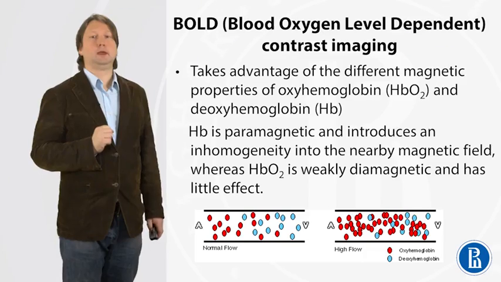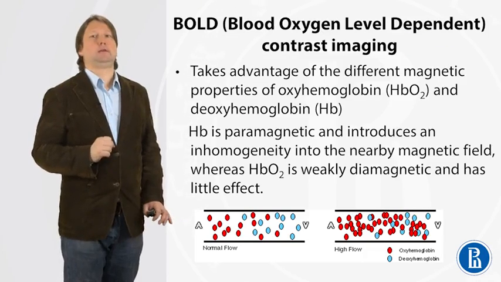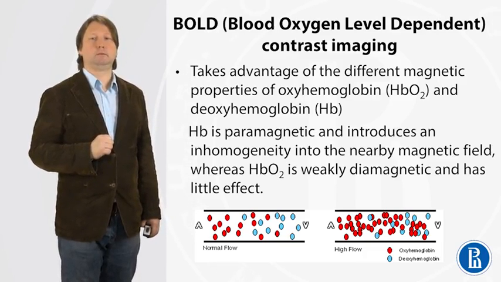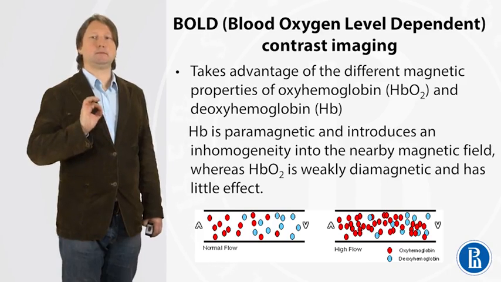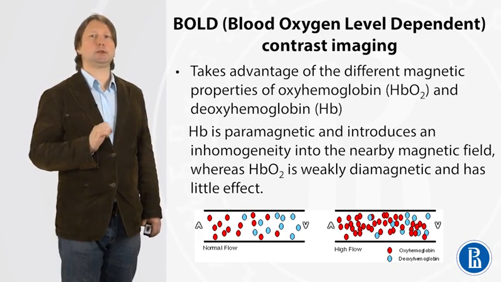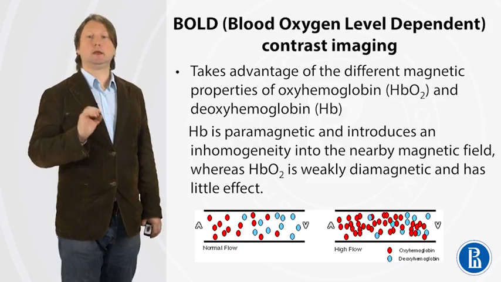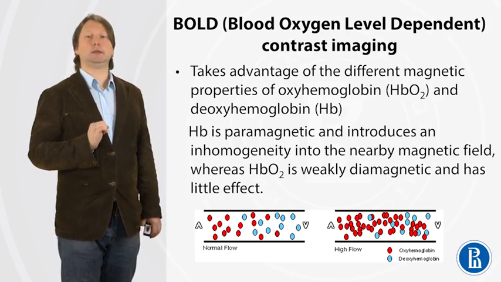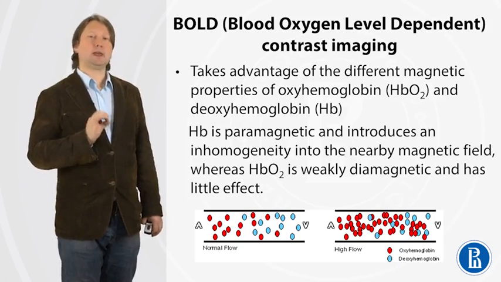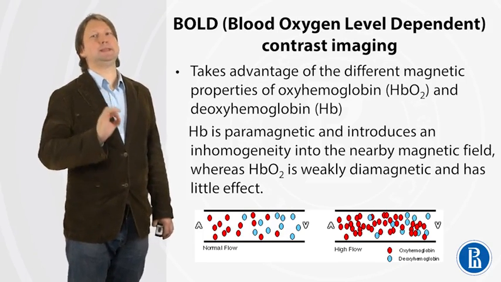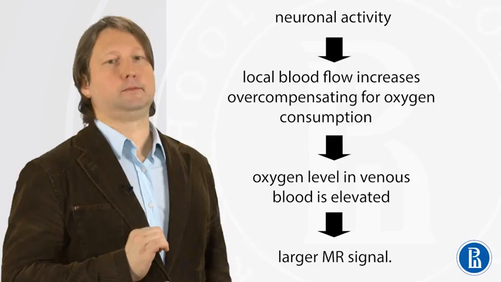So once again, functional MRI is sensitive to the BOLD signal. It actually captures the change in the concentration of the oxygenated hemoglobin in the brain. Since oxygenated hemoglobin is diamagnetic, it actually increases the MR signal from the brain, and that can be detected by the MR scanner.